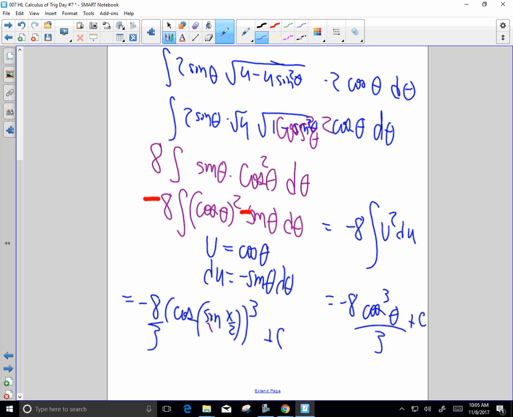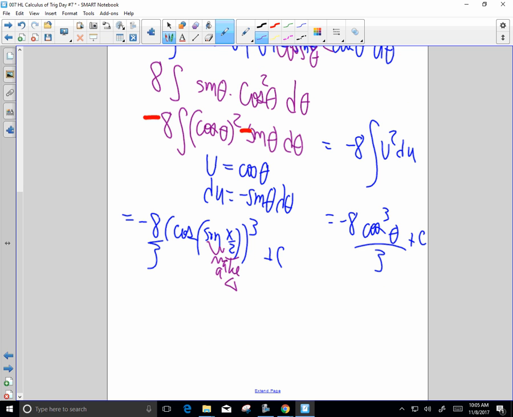What do you do? Make a triangle. Okay, so in doing so, I get sine is opposite over hypotenuse, square root of 4 minus x squared. Does that look familiar to you?